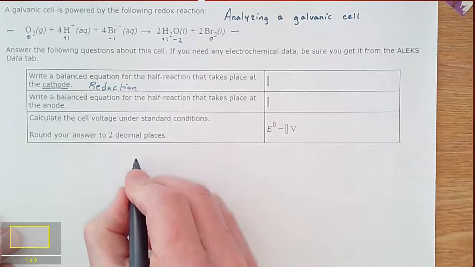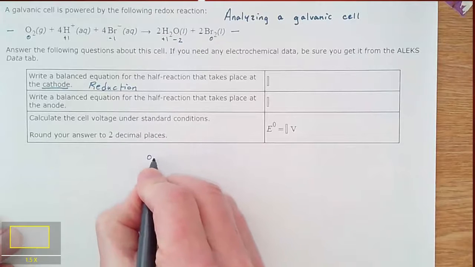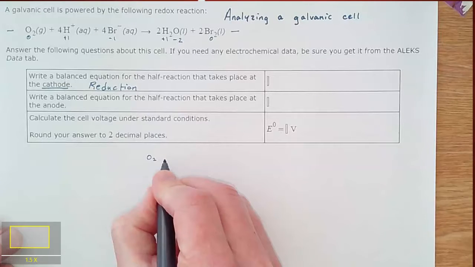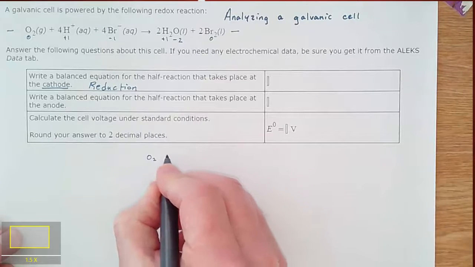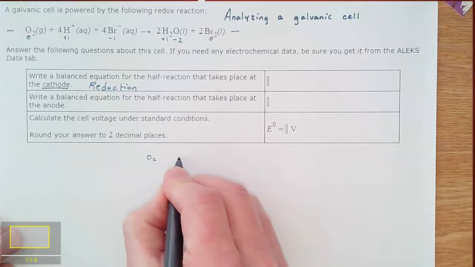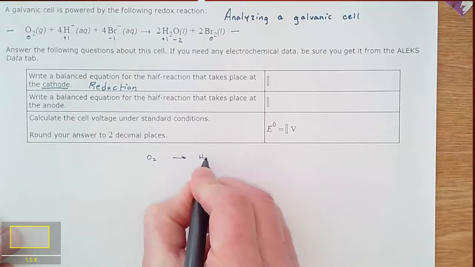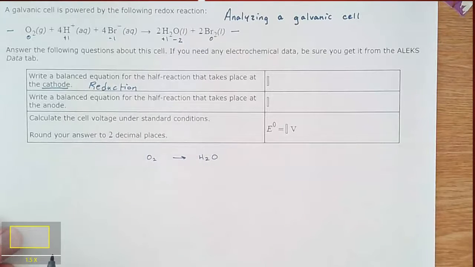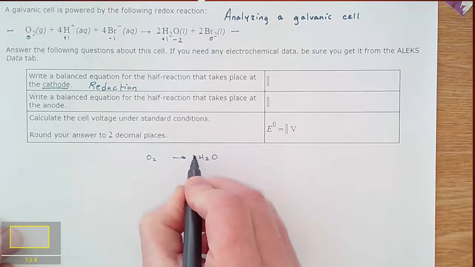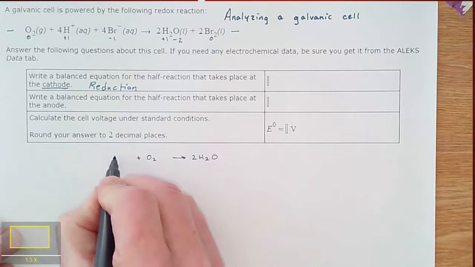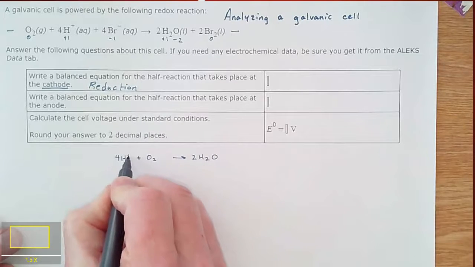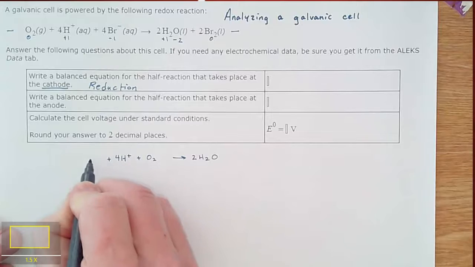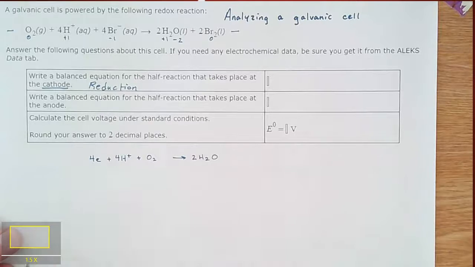So we have to do a little bit of work here. We've got O2 on one side, and that O2 is going to H2O. So we'll need 2 H2O, we'll need 4 H+, and that means we'll need 4 electrons.